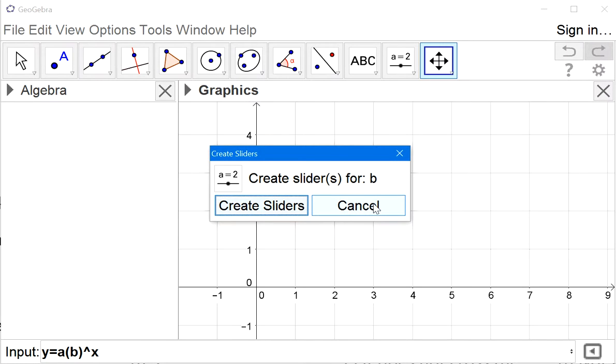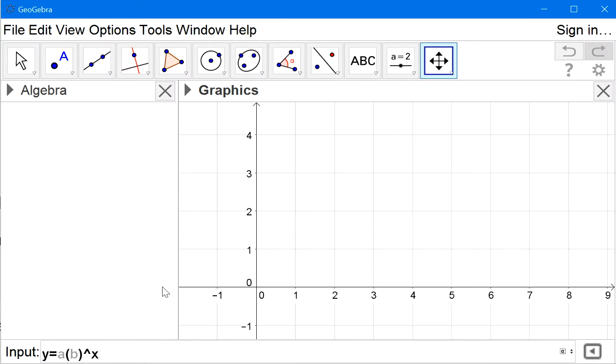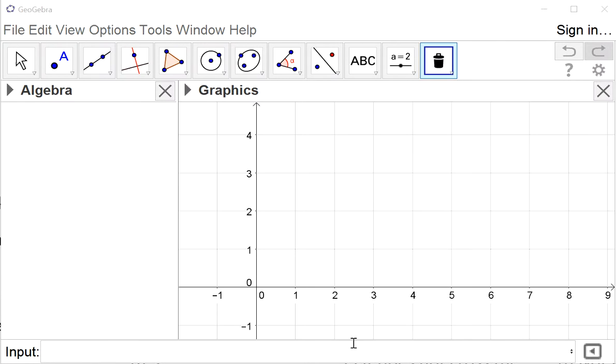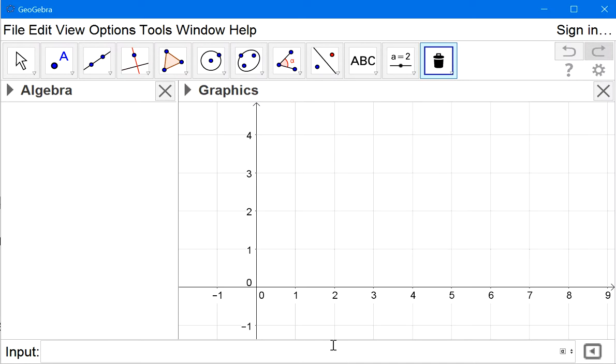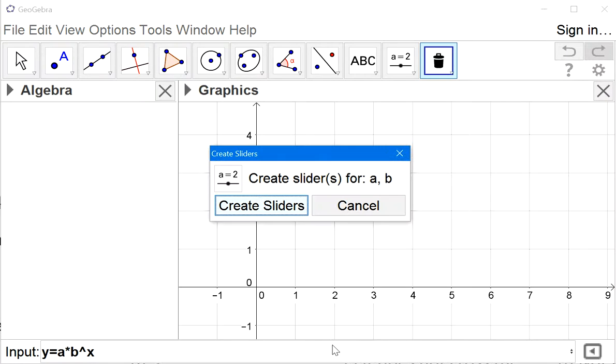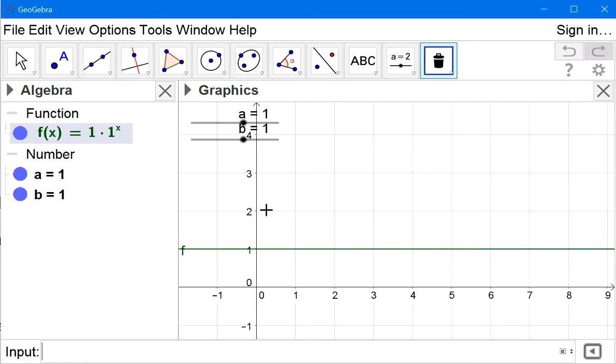It didn't ask me about a. I feel like I have to be a little bit more explicit and tell it y equals a times b to the x power. Now it sees that there's both a and b, and it's going to create sliders for each of them.